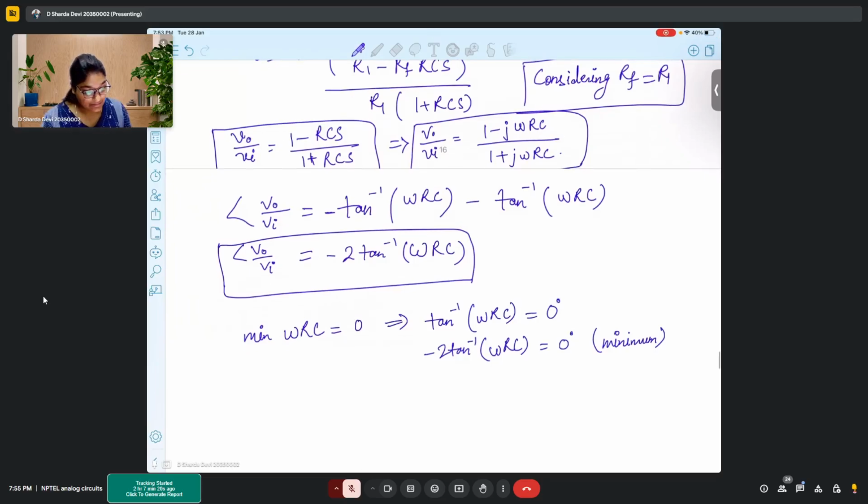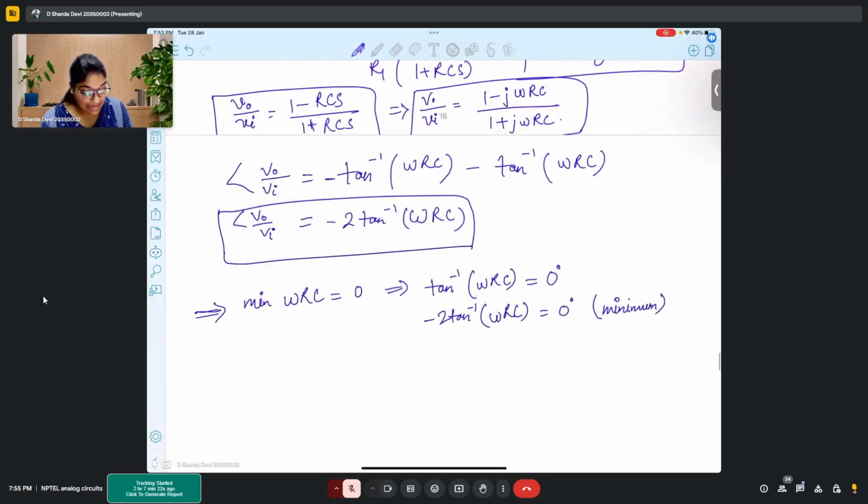So this is the minimum phase, correct? Now the maximum value of omega RC, how much can it be? Infinity, that is the maximum. Yes, maximum it goes to infinity, when tan inverse is 90 degrees.